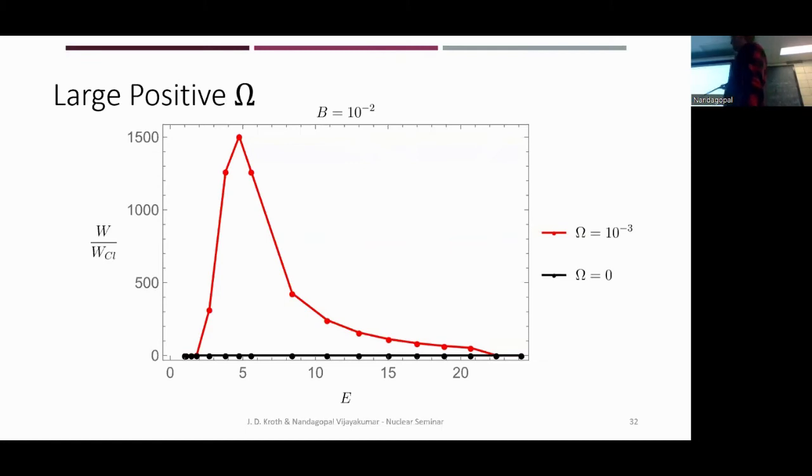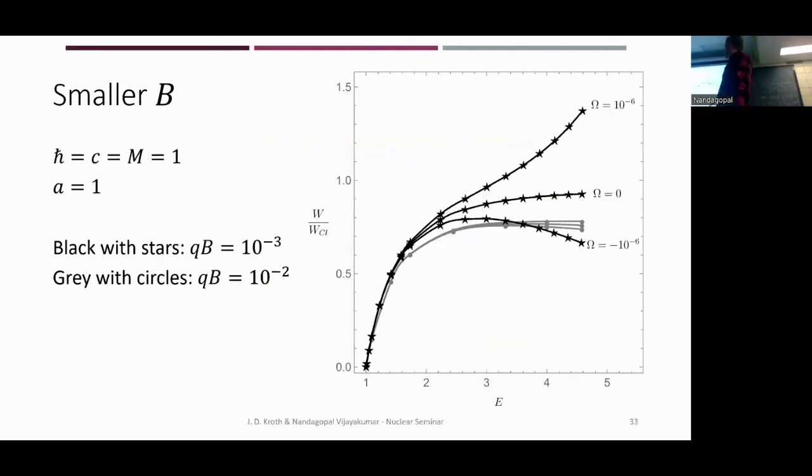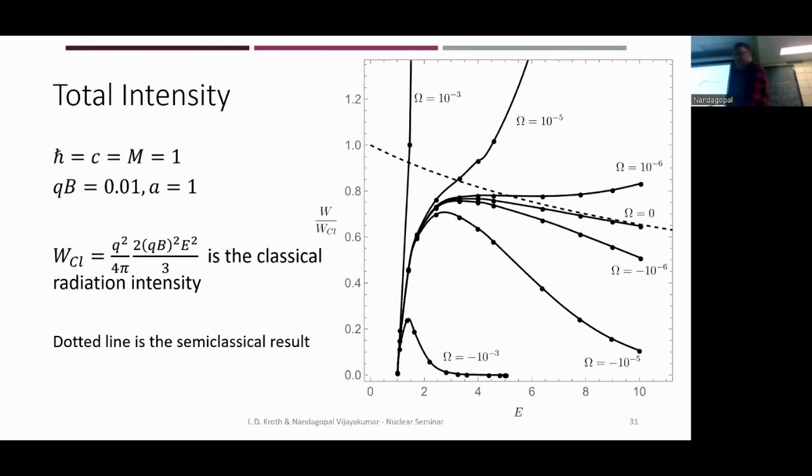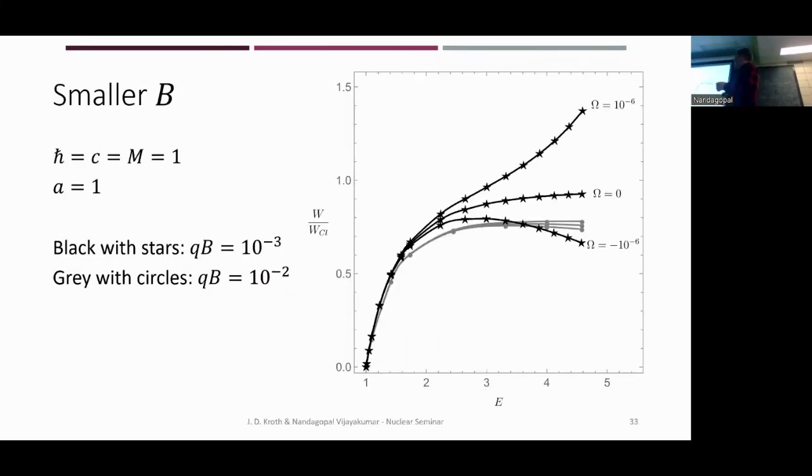Let's go to slightly smaller magnetic field. So these black lines are the smaller magnetic field. These gray lines are the lines I showed you on the last slide, but at a lower energy. The last plot had energy out to 10. This one has it out to 5.